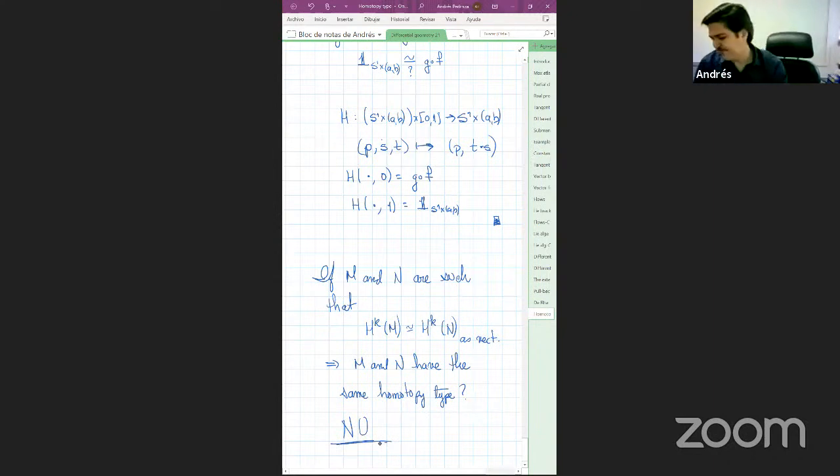Let's see what we have seen. Basically, we have seen only Euclidean spaces and the circle.